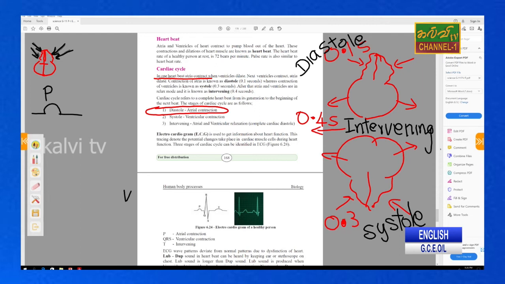So atrial contraction, then suddenly it goes up and comes down. That is QRS.